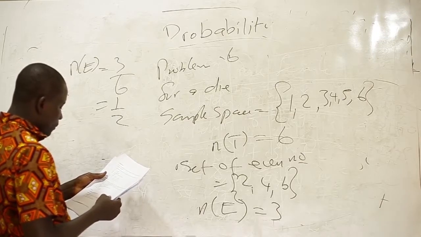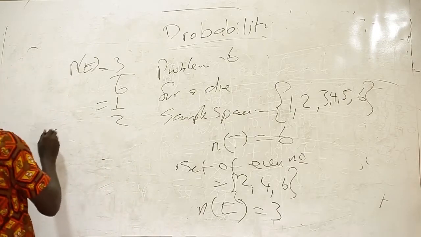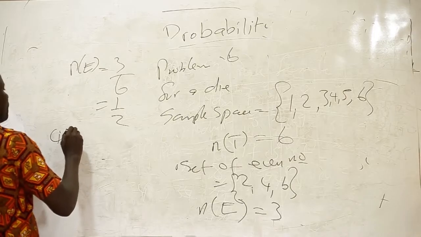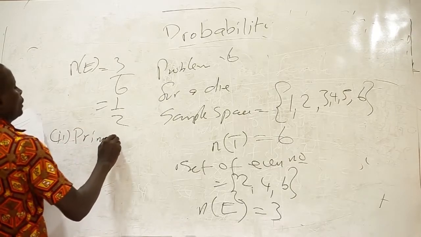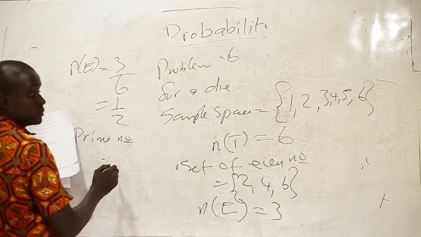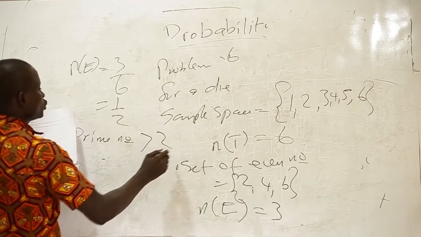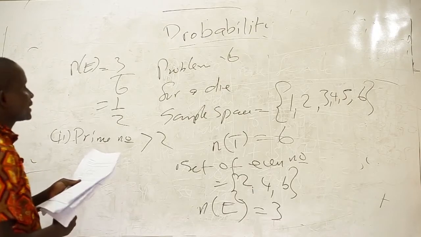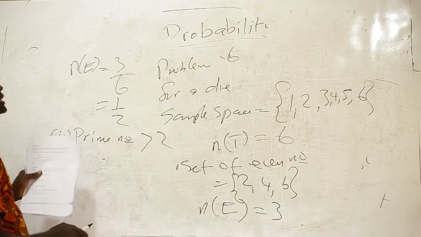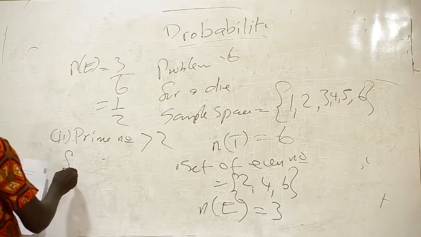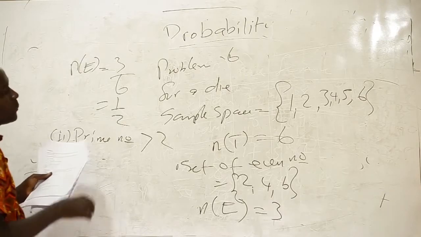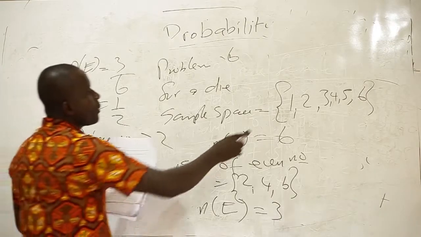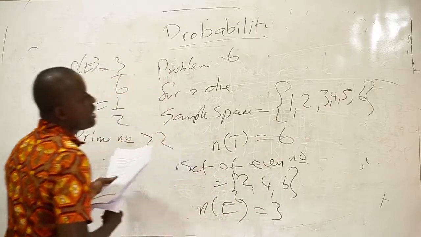Then it says a prime number greater than 2 within the set. So what are prime numbers greater than 2? Let's look at the set of prime numbers greater than 2. What are the prime numbers in the first place? The prime numbers are 2, 3, and 5.